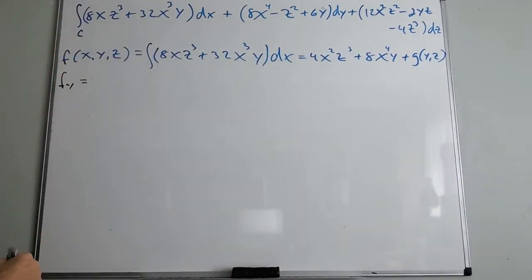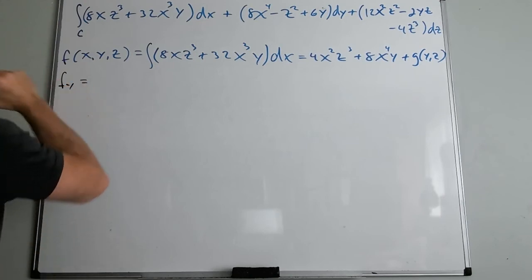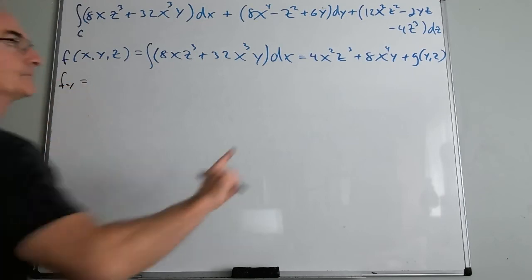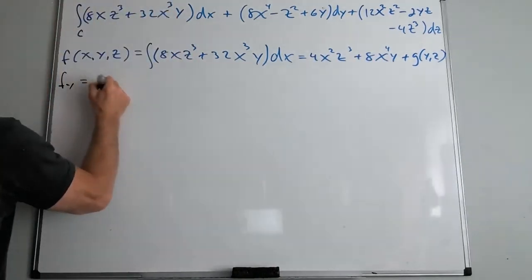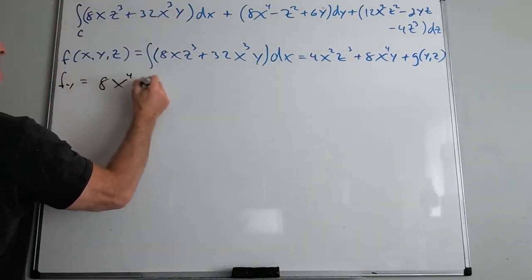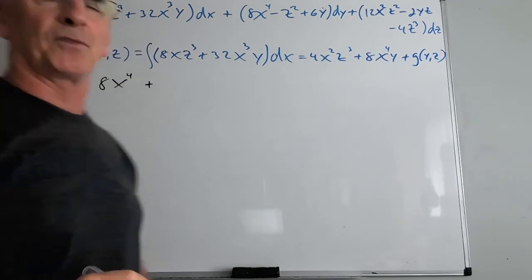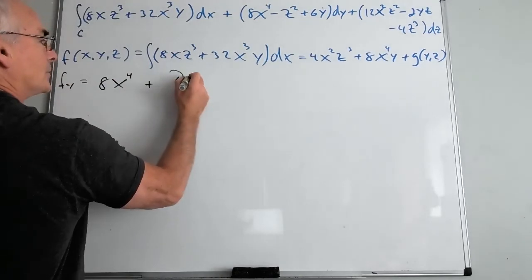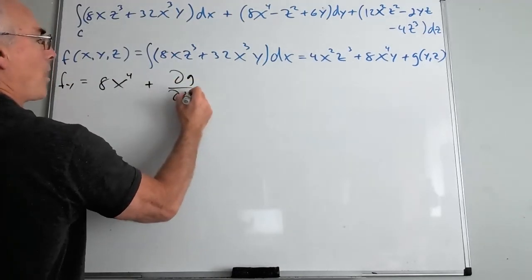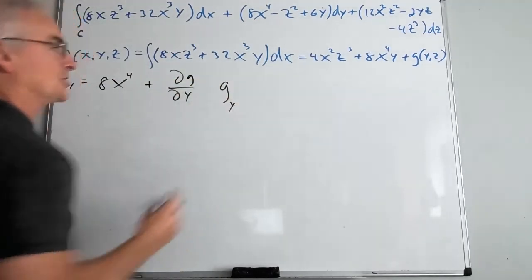With respect to y, what does that give me? 0. 8x to the fourth plus g prime. Or not g prime, because g is a function of two variables. So either write partial of g with respect to y, or simply write g sub y.